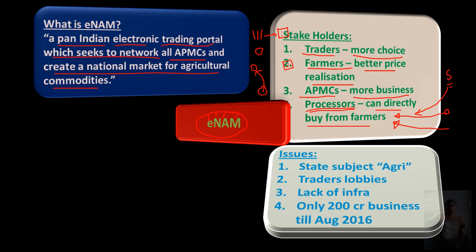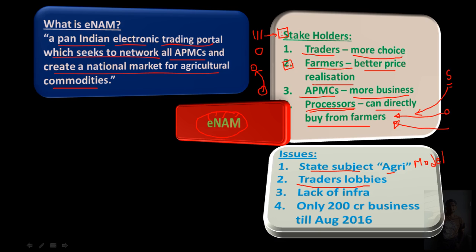So what are the issues here? The biggest issue is that agriculture is a state subject. So the center can only enact a model law, but it is up to the states to implement those laws. So that is a huge issue because now suppose the center and state are ruled by the same party, then it becomes easier. But if they are ruled by different parties, then it's a bit difficult for the laws to get implemented.